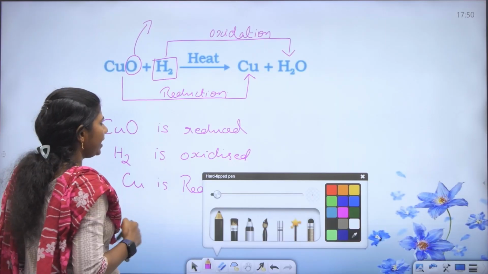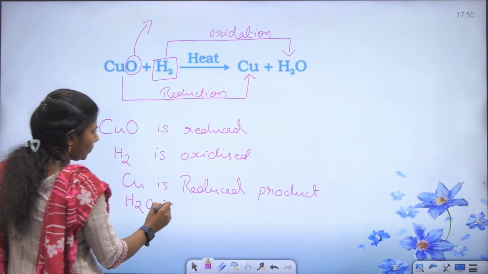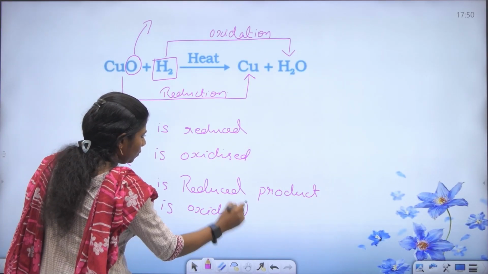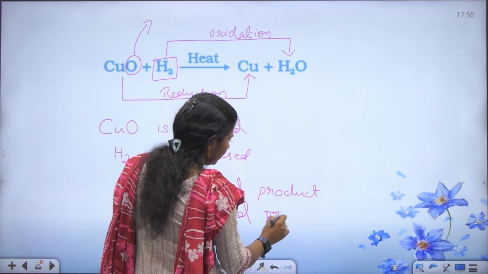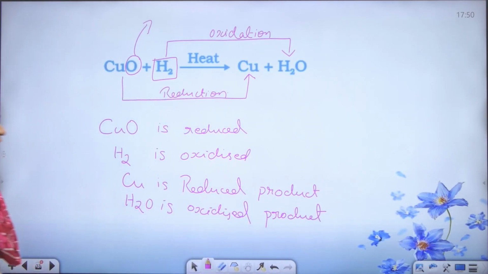Hydrogen is oxidized and the oxidized product is water. H2O is the oxidized product. In this reaction CuO is reduced, H2 is oxidized, Cu is the reduced product and H2O is the oxidized product.